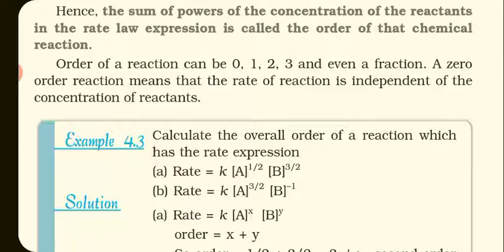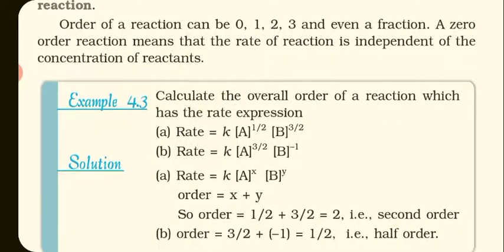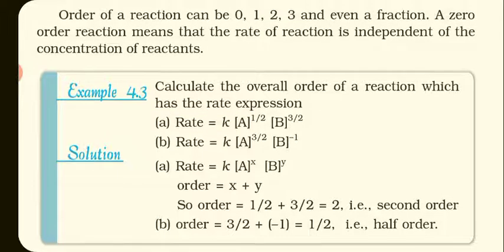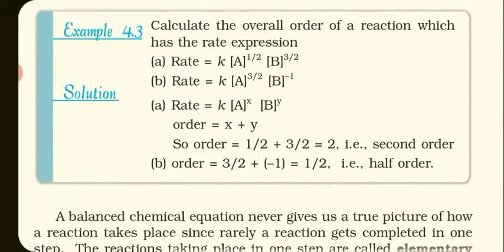Order of a chemical reaction can be 0, 1, 2, 3 and even a fraction. A zero order reaction means that the rate of reaction is independent of the concentration of the reactant. That means the rate of reaction does not depend upon the concentration of the reactant.